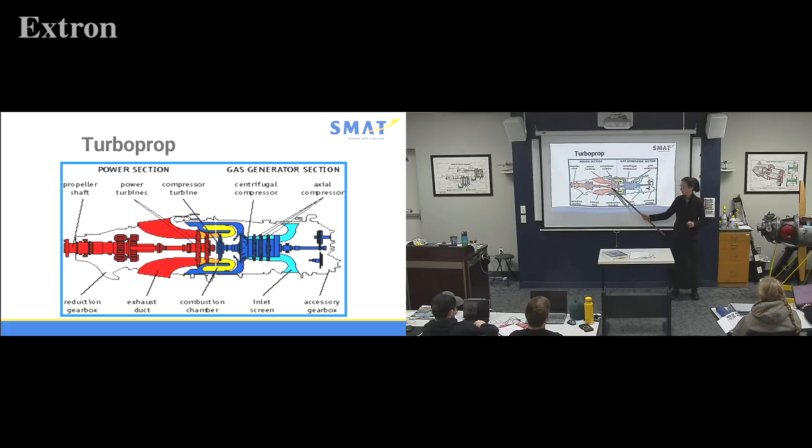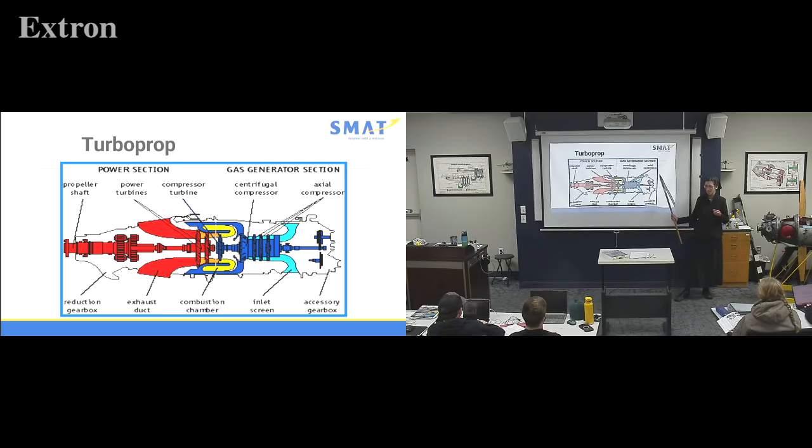And our power turbine gives power to our propeller shaft, which runs through a whole bunch of gears because you don't want the prop spinning at the same RPM that your turbine is spinning, or you would have a prop going out into space to join astronauts.